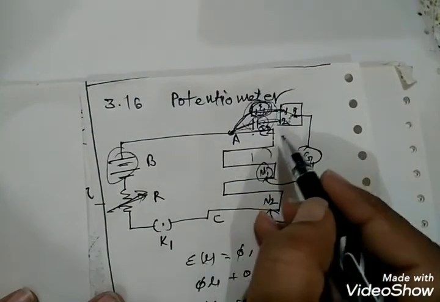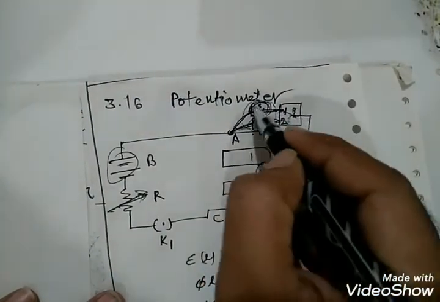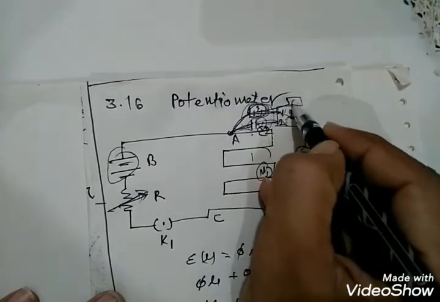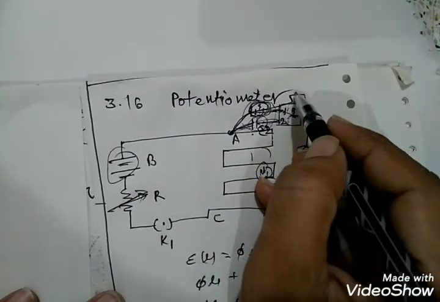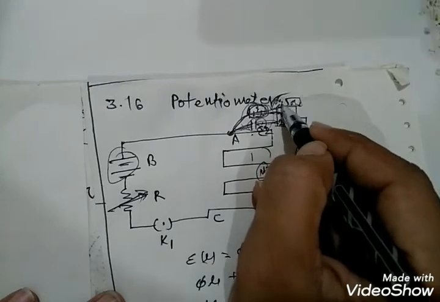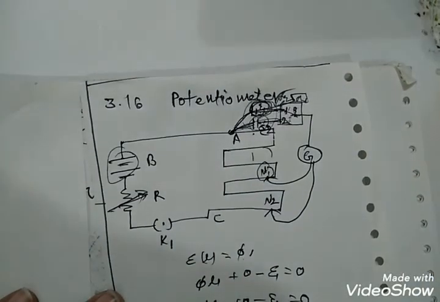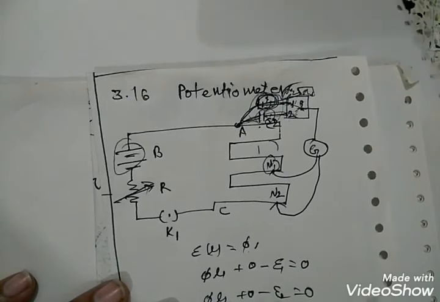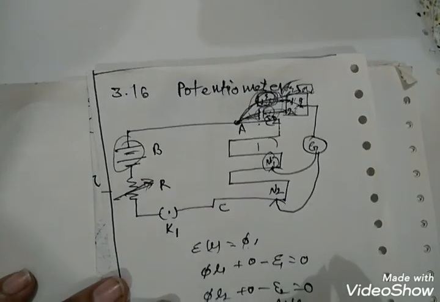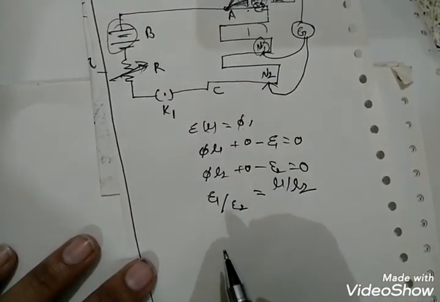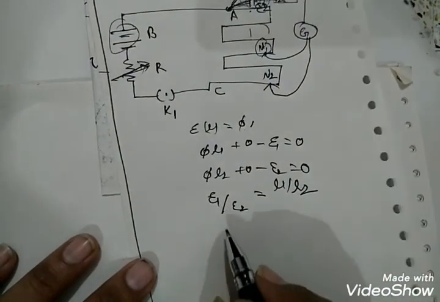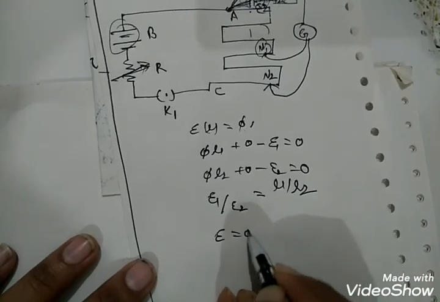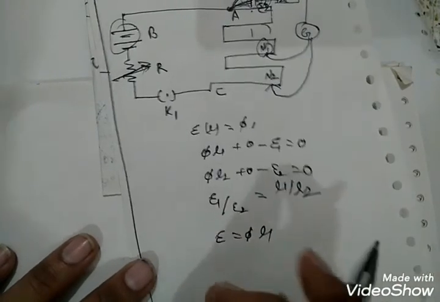In this case a resistance box is connected through a key K2, as shown in the figure. With key K2 open, balance is obtained at length L1, so E is equal to phi L1.